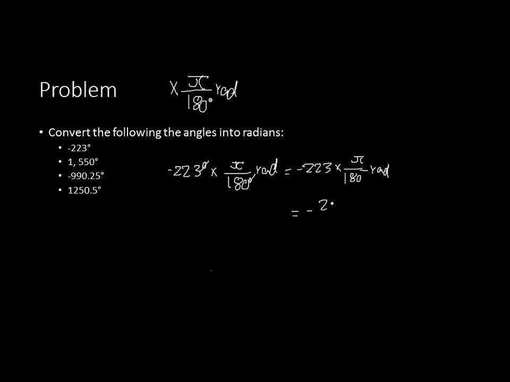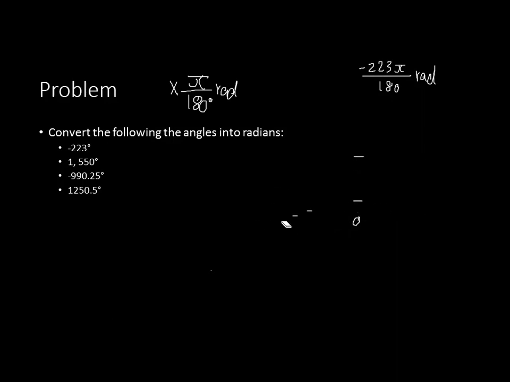So that's your answer here: negative 223 pi all over 180 radians. So let me just put it here.